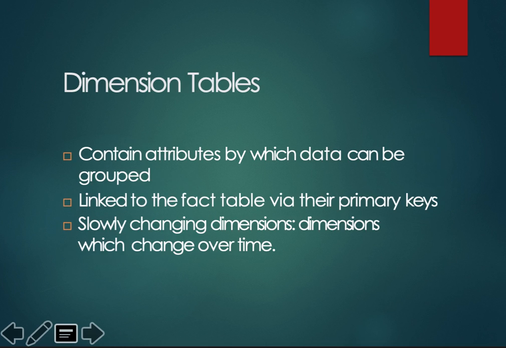The dimension table contains attributes by which data can be grouped, for example city, region of store, product category. It is linked to the fact table by primary keys.